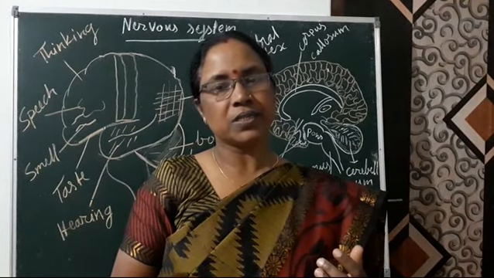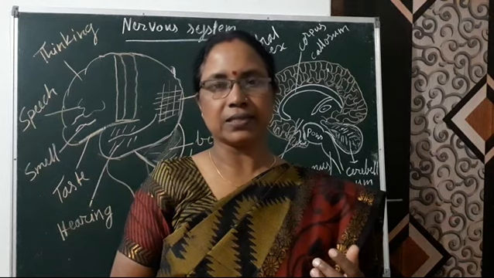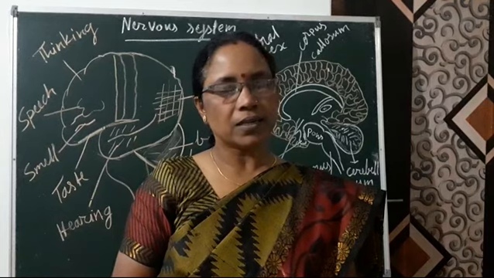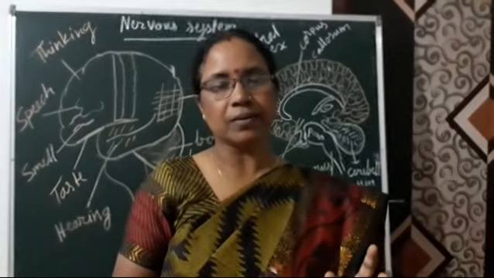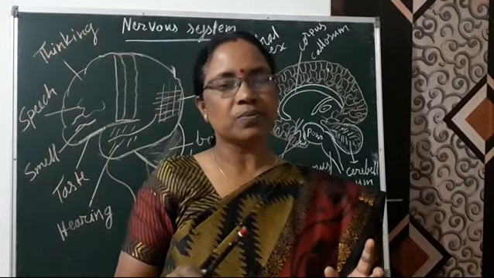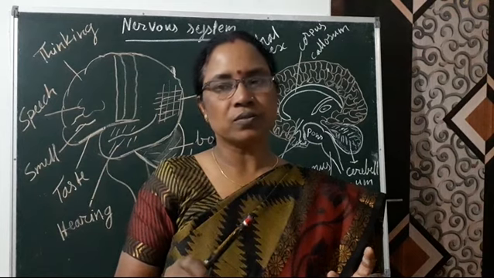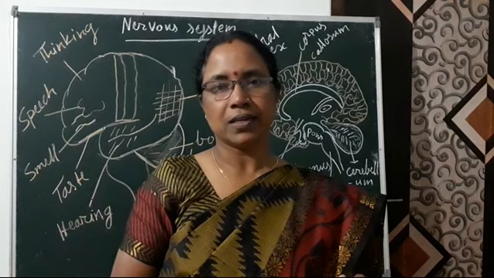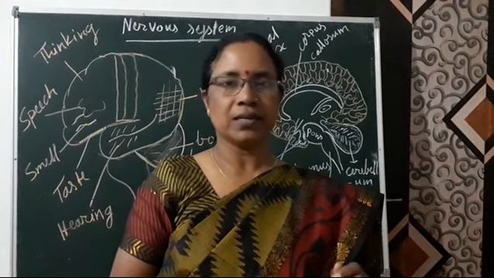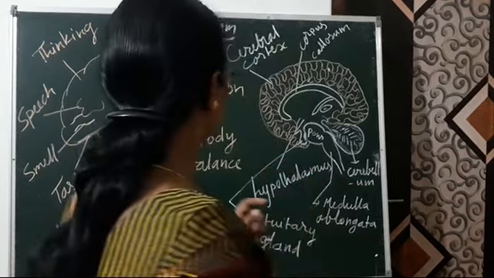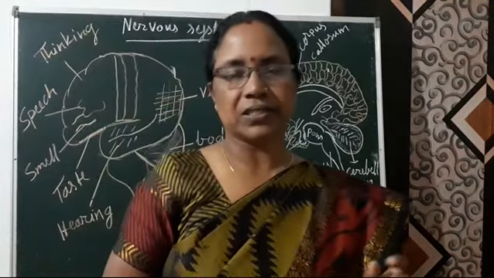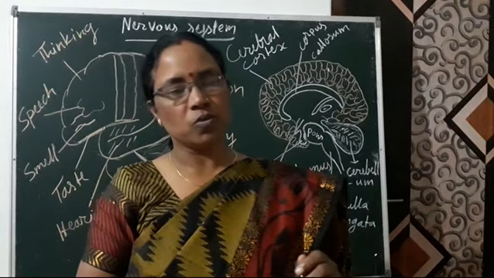An alcoholic person works clumsily, give reason. I said already, the alcohol affects the cerebellum, and that's why the person is unable to coordinate muscular activity and balance the body, and they work clumsily. And next I talked about the medulla oblongata function. They ask the function of medulla oblongata too.